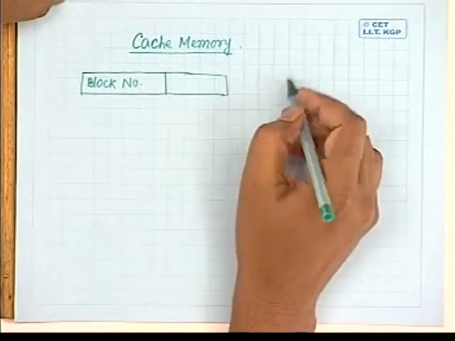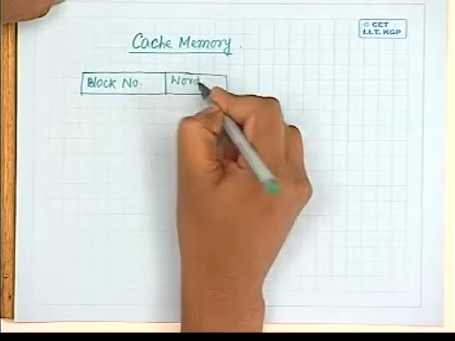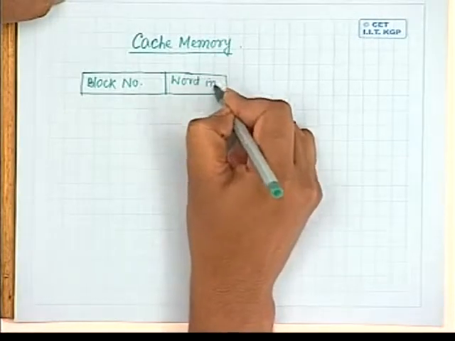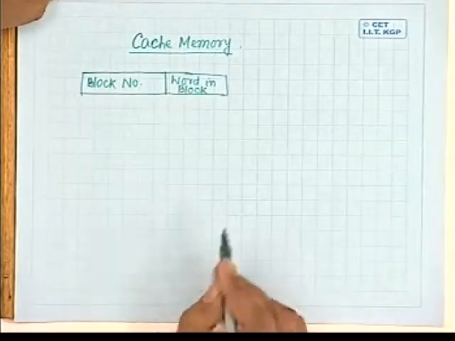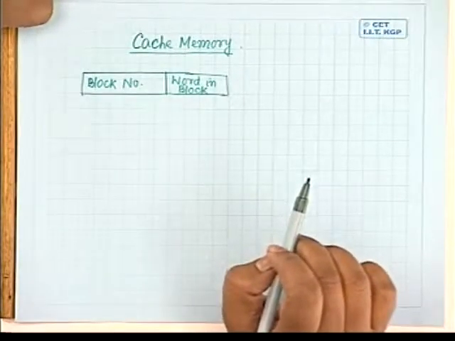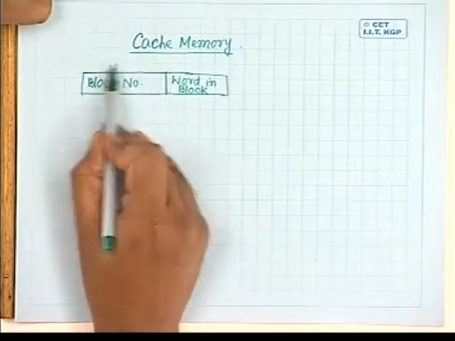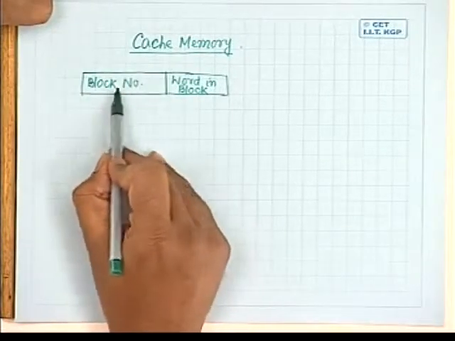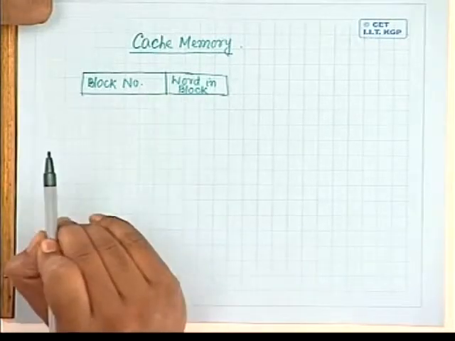And the other component is the word within the block. So it is similar to page number and offset within the page. Okay. So we divide the physical address into fields: one is the block number, the other one is the word within the block.